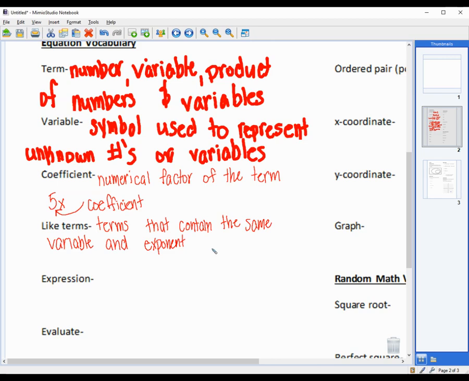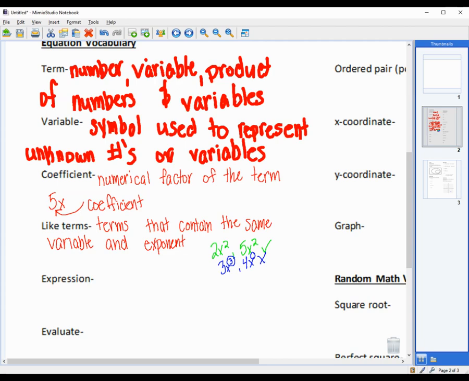Let's say we had 2x squared and 5x squared. Both of those have an x squared, so we would be good there. Let's say we had 3x cubed and 4x. These would not be like terms because, as you can tell, this one is cubed and this one doesn't have anything there. So like terms, you've got to make sure that they have the same exponent if they do have an exponent.